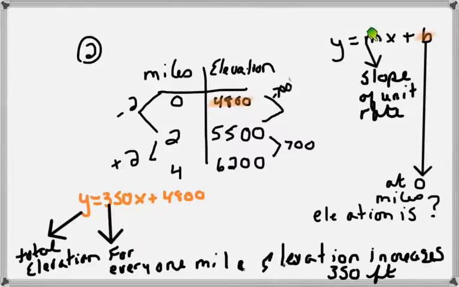I need the m and I need the b. Now, if this was a proportional relationship, I would already know that the b is 0 because it has to go through (0, 0). But it's not, so this is going to be some number, but I don't know what. I already know what the m is because I found it on the previous problem. It was 350. This is the slope or the unit rate.